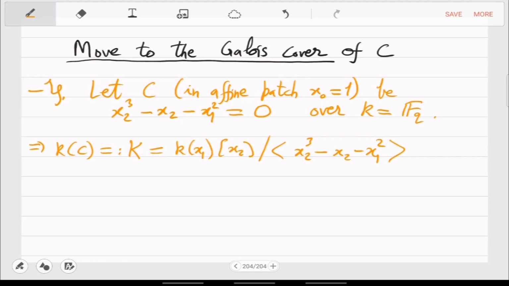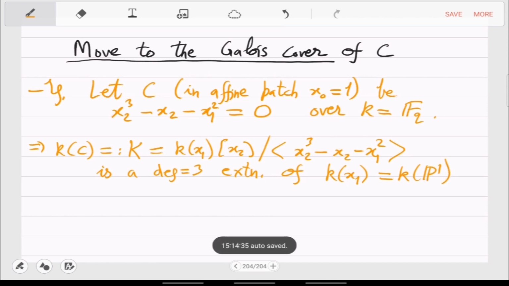So this is a finite extension, a degree 3 extension of k(x1), which is basically the function field of the line. Okay, so over the line, this is a degree 3 field extension.